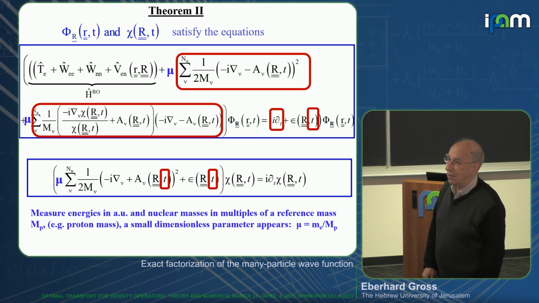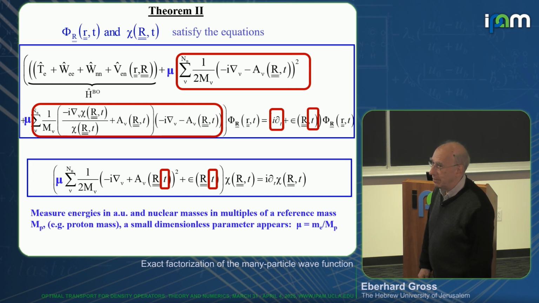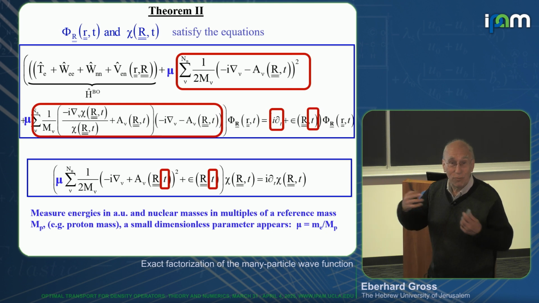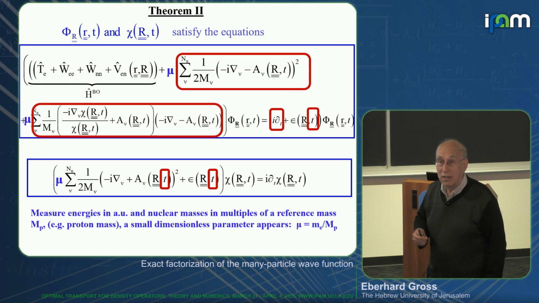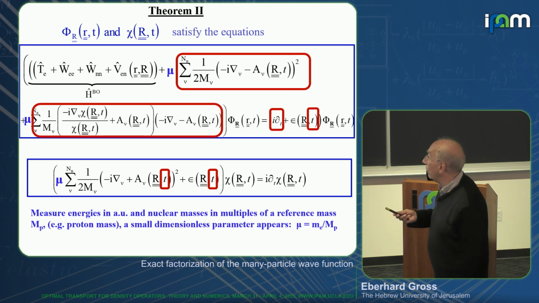So you have a theory with a small parameter. And that's wonderful. And that's a comfortable situation that in the electronic structure problem you hardly ever have. And so this is a small number.